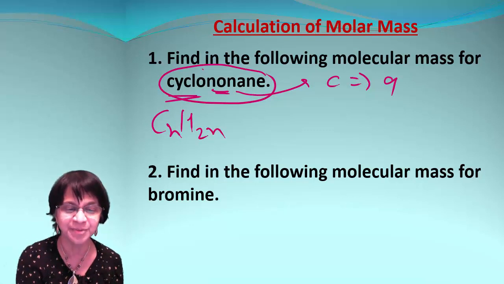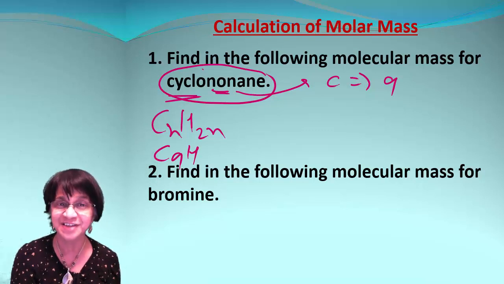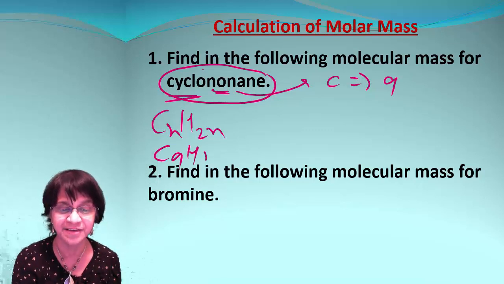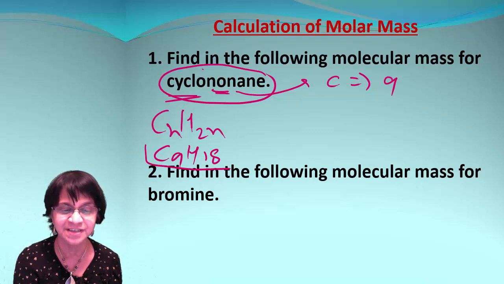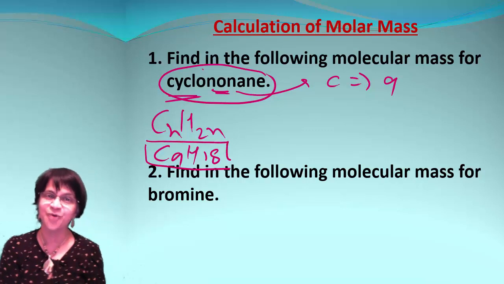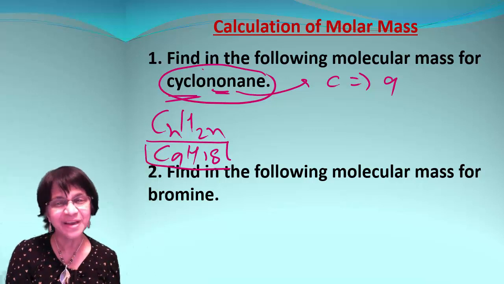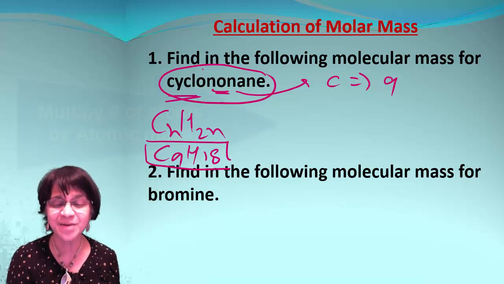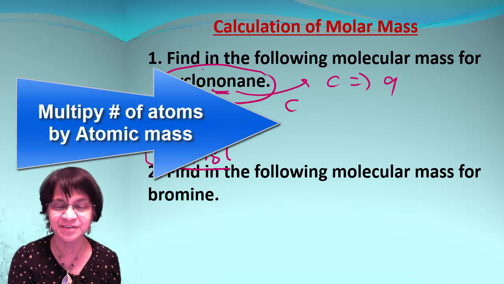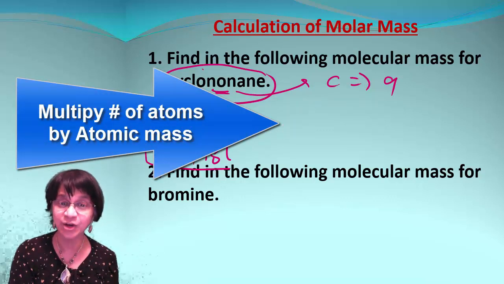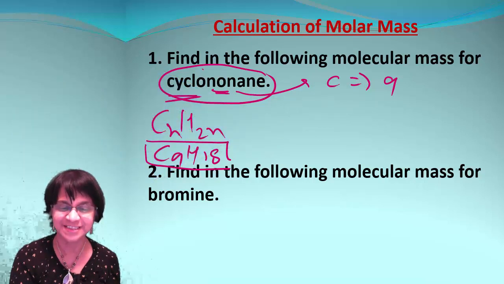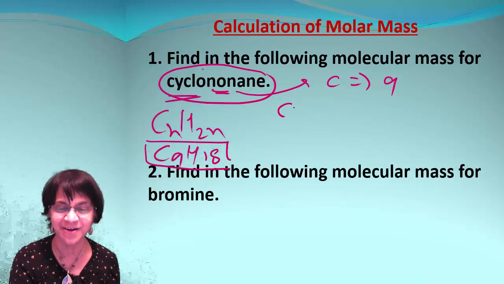So what's the formula going to be? It will be C9, and hydrogen will be 9 times 2, which is 18. So we got C9H18 as our formula for cyclononane. Now, in order to find the molar mass, we need to start with the number of atoms which we got.